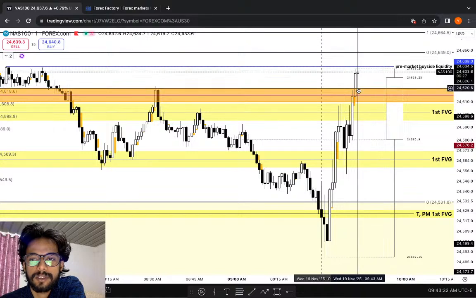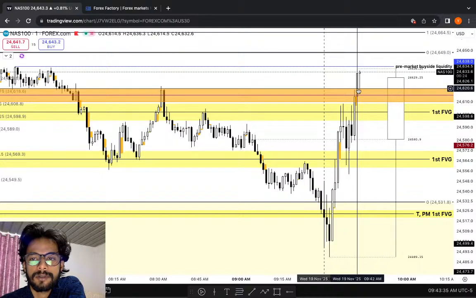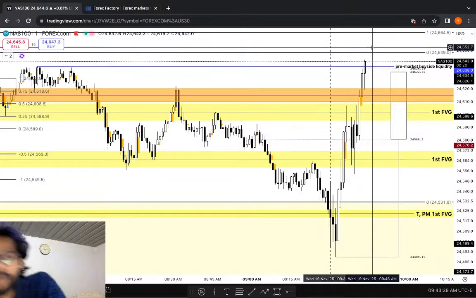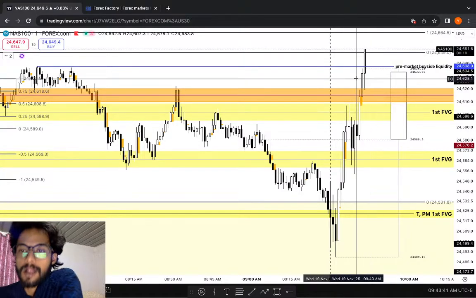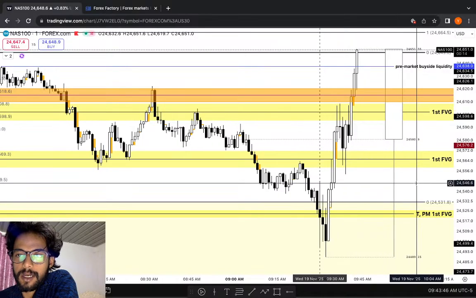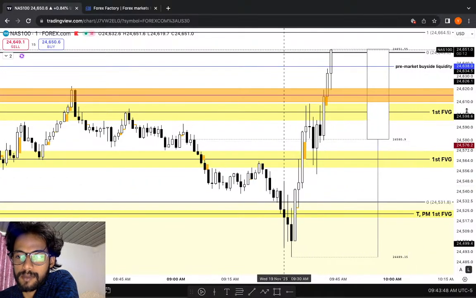So it came down, touched the high of this inversion, and done. We are done. This is going to expand higher, and I'm done for the day.